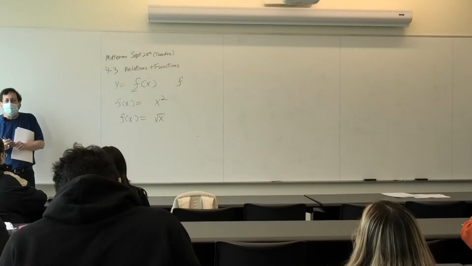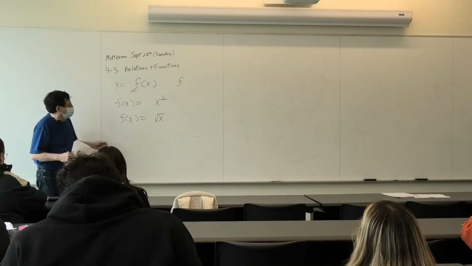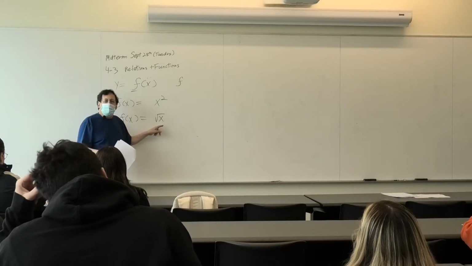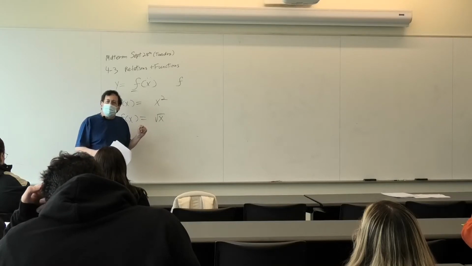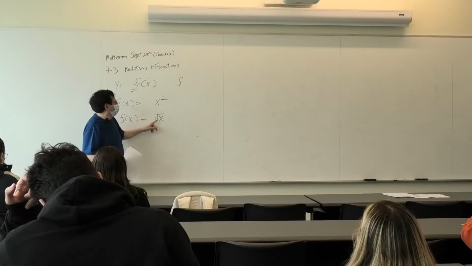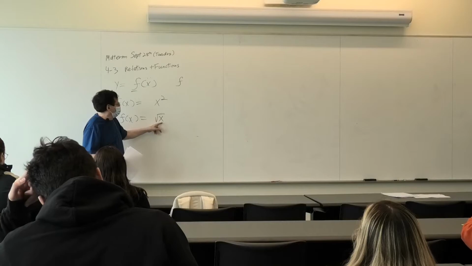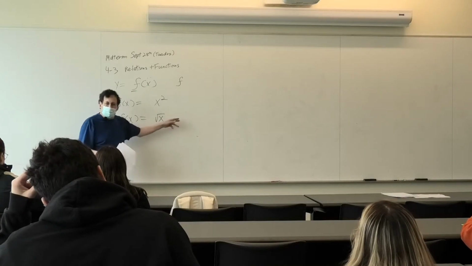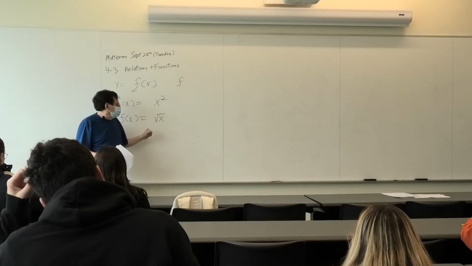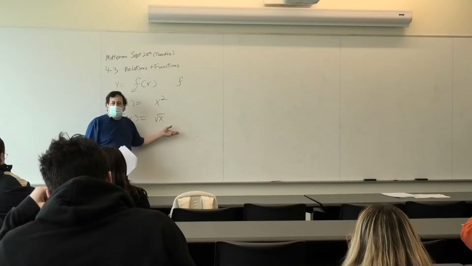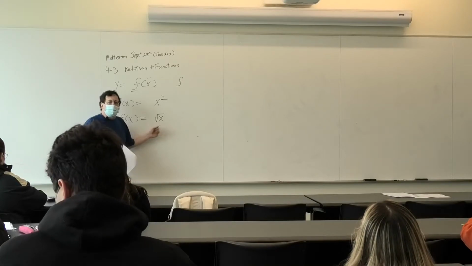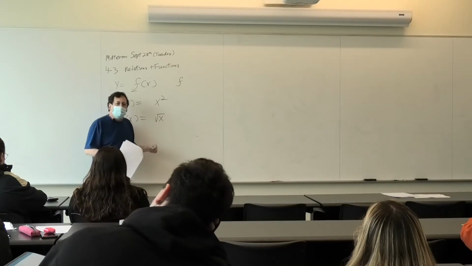Any ideas? It won't help to enumerate. You could say, well, 1, that works. 4, that works. 2, yeah, square root of 2 is a number. But it would take too long. You have to think about it. What are my limitations here? What do we know about the square root?